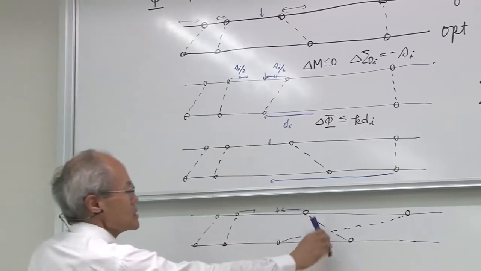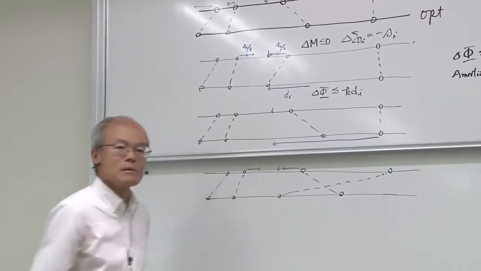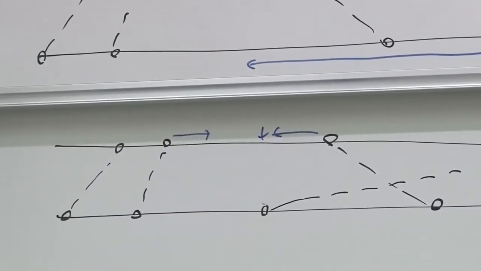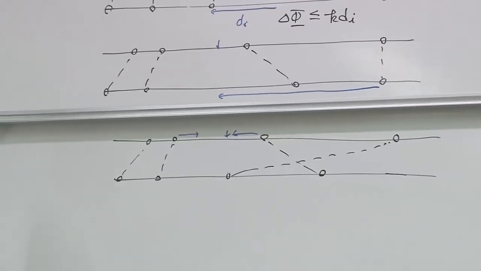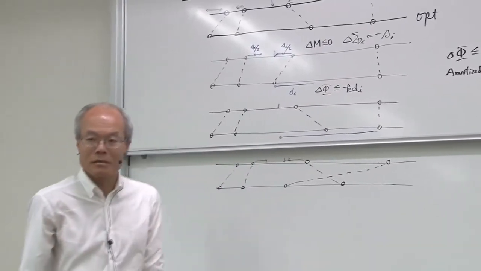This matching increases from here to here, this to this. Okay? Both matchings increase. So no, this is not good because we'd like to have this formula.